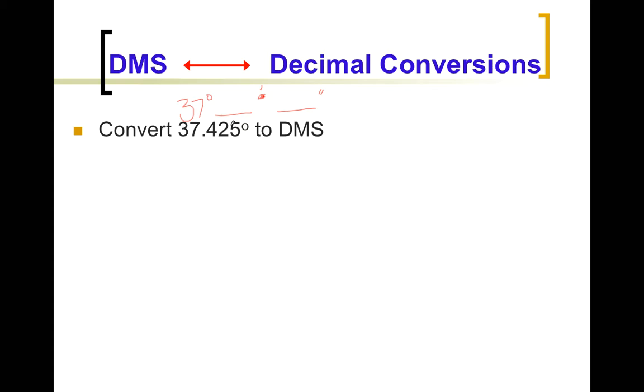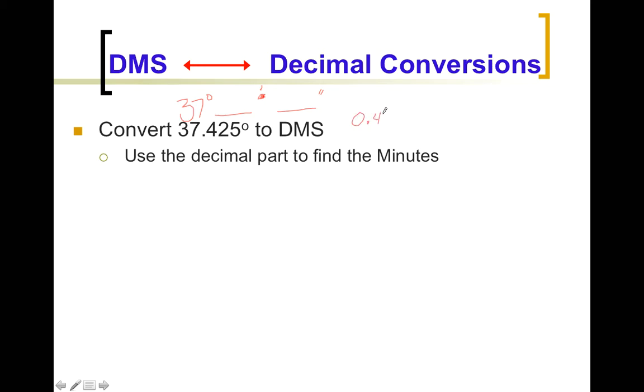And we need to figure out how we're going to do that. So we're going to use the decimal part to find the minutes. We already know that it's 37 degrees and something else. So we're going to take the decimal, which is 0.425, and I want to multiply that by 60.